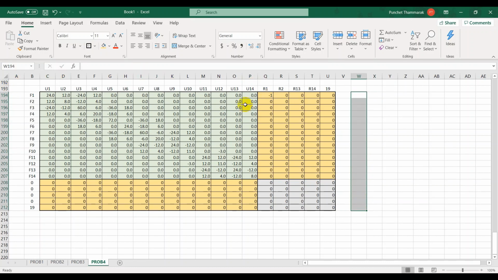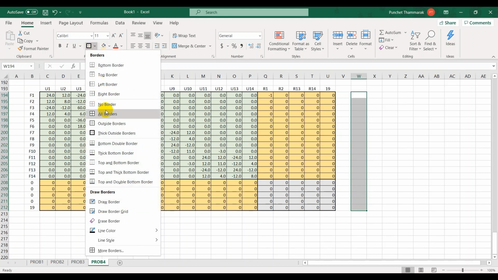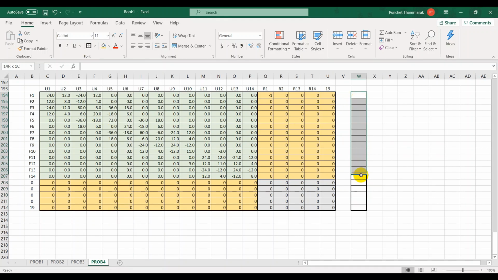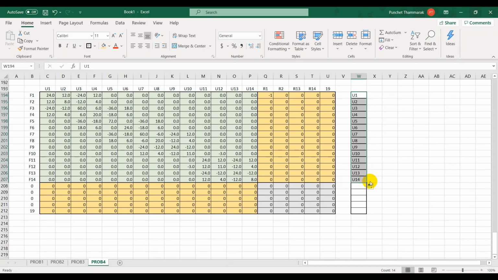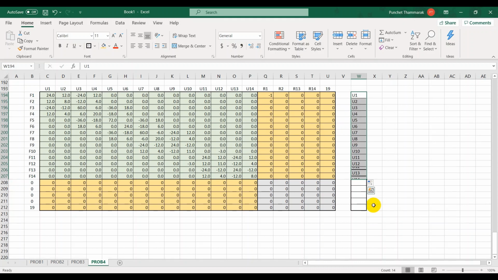Well, let's see. Here's your 2 1. Without formatting, center it.